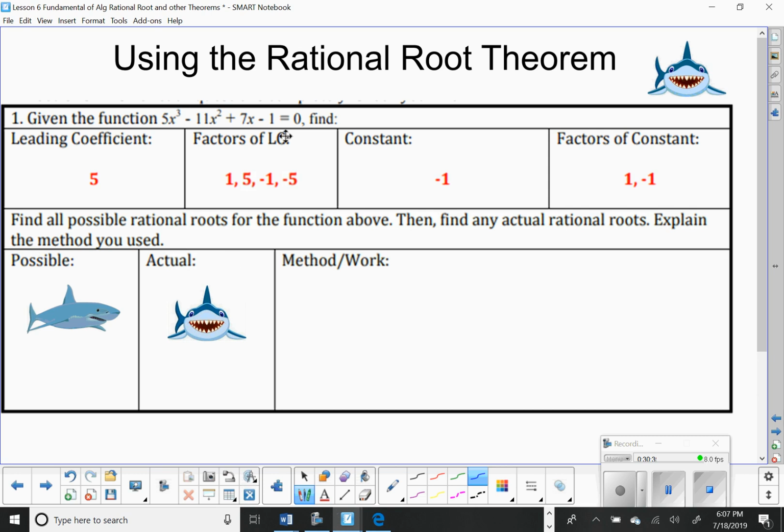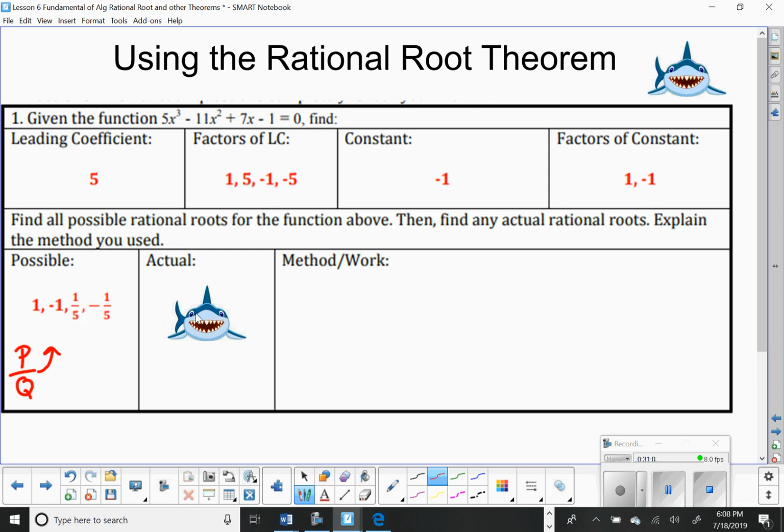First off, there's nothing I can do as far as grouping. So possible rational roots, plus or minus 1 and plus or minus 1/5. How did I do that? Well, over here, this was all my p's over all my q's. That's where these all came from. Actual.